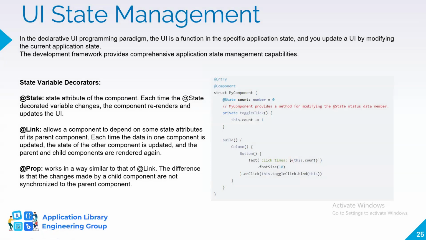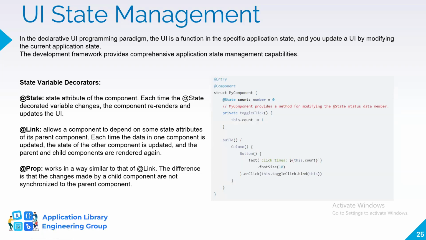Okay, many times we were discussing state management, right? I will just give a very brief introduction about this in ETS. If you see this example, the count variable is annotated with the @State decorator, which means whenever this particular variable is changed, UI re-rendering happens. That's the main purpose of @State.